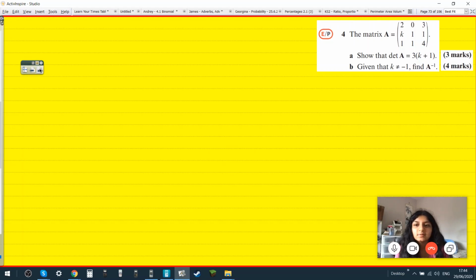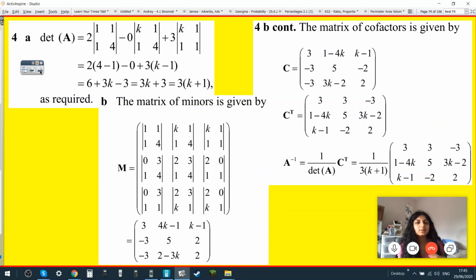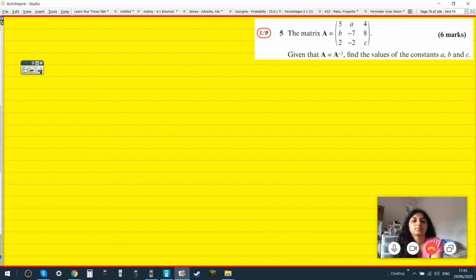Okay, so show that the determinant is that, and then find the inverse. Do you want to do it, or you think you'd be okay? I think it's okay. I mean, it's not that hard to find the inverse. It's just really long. Yeah, I think there's more interesting questions as well. Given that A is equal to the inverse of A, this might be good.